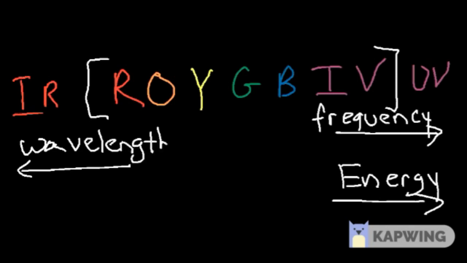So, as you can see, the colors here are ranked in order of increase in frequency and increase in energy from low to high. The wavelength is ranked and decreased in order from very long to very short.